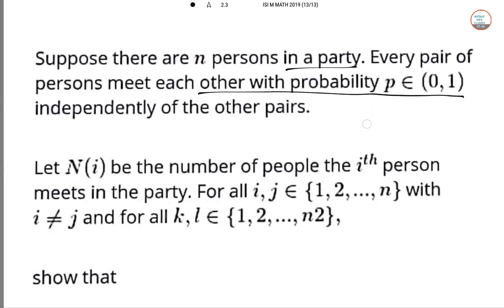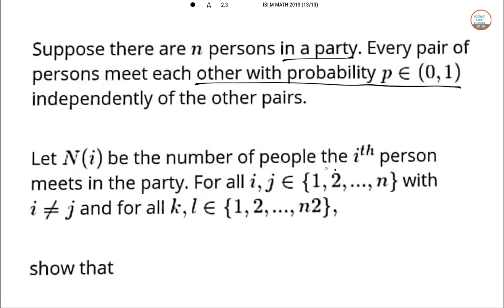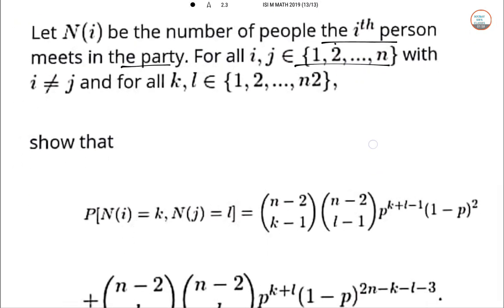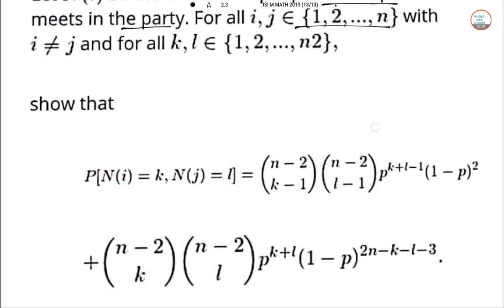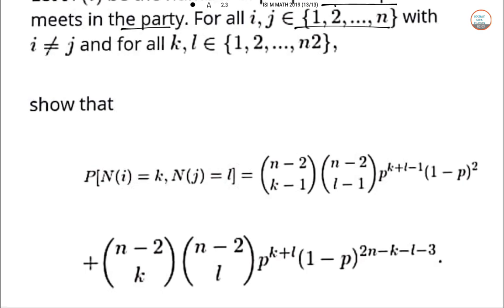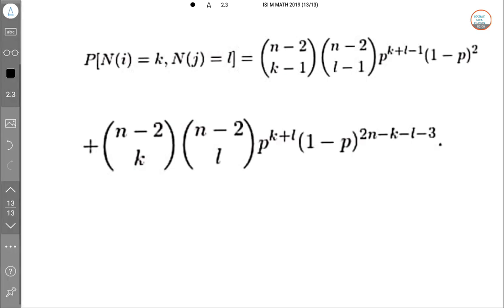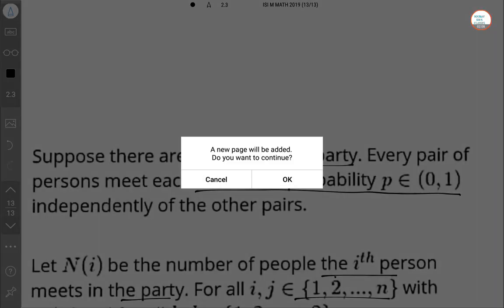If n_i is the number of people the ith person meets in the party, for all i, j in n with i not equal to j, we need to show the probability of n_i = k and n_j = l. Okay, quite a long one, so we need to take an extra page for this.